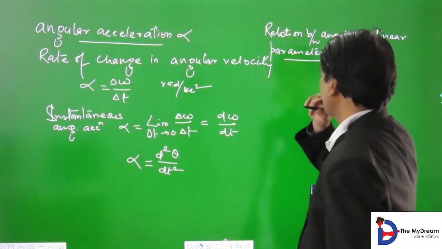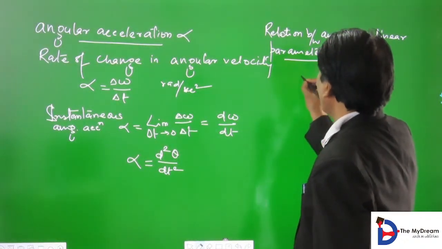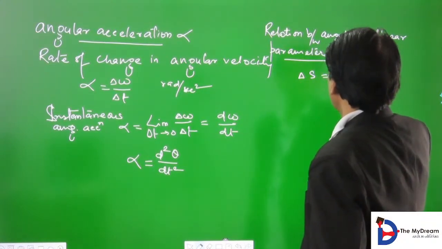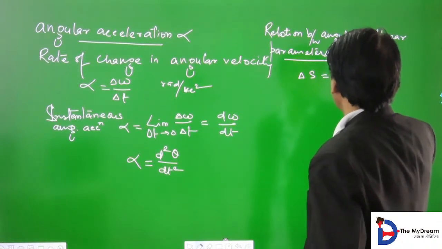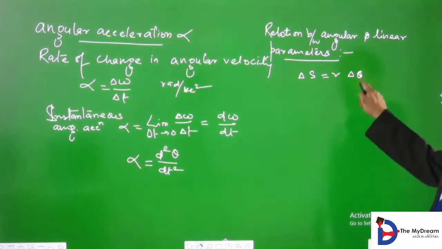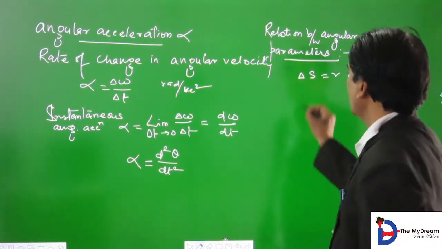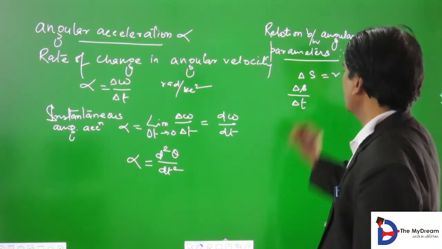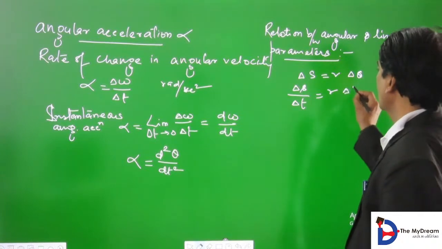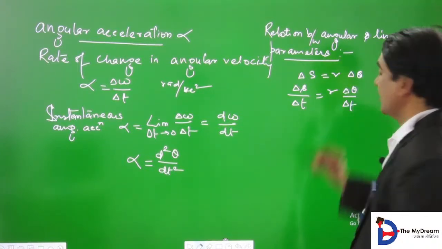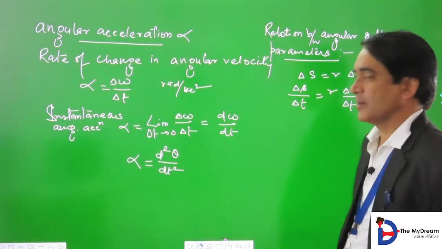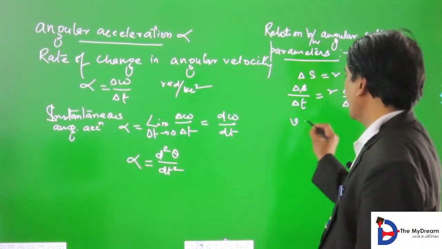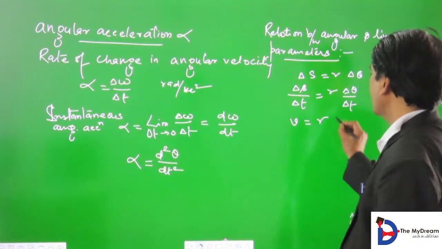So, angle is equal to arc upon radius, theta equals s by r, from which you can write s equals r theta. Differentiating both sides with respect to time, that is dividing both sides by delta t, the displacement upon time taken gives the velocity, v equals r omega.